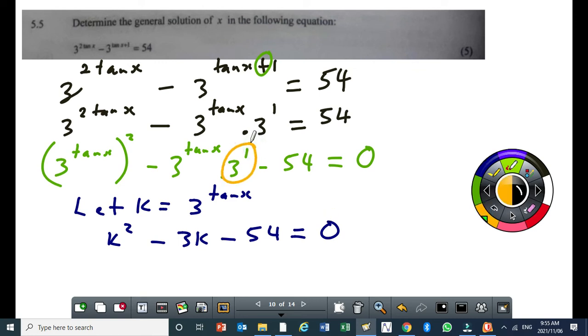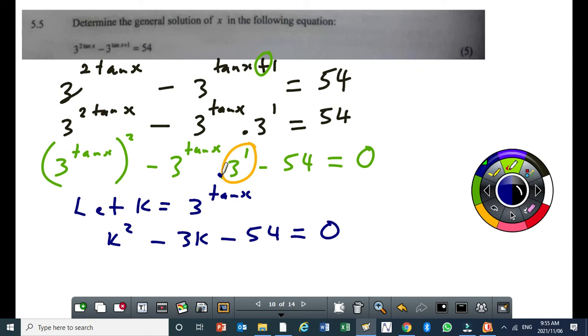3 to the power of 1 is equal to 3. There is multiplication here. 3 to the power of tan x is equal to K, so 3 to the power of 1, which is 3, times K will give you 3K. Are you following that?